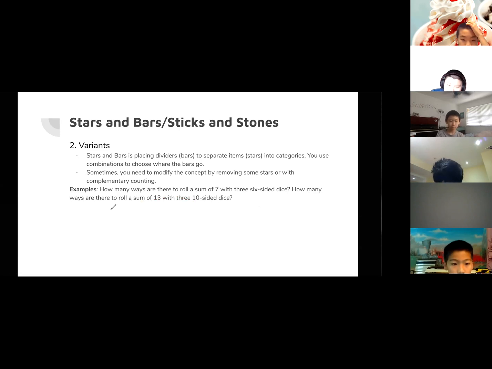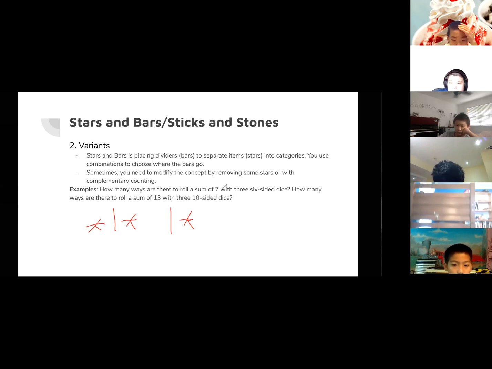That means that, unlike the normal case, you have to have at least one in each bucket. So how do we show that? Well, if we just put one star automatically in there, then they can have zero all they want, because you'll still have one, and you're just going to add one to each number.